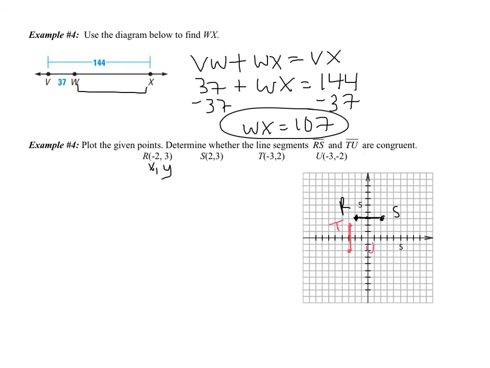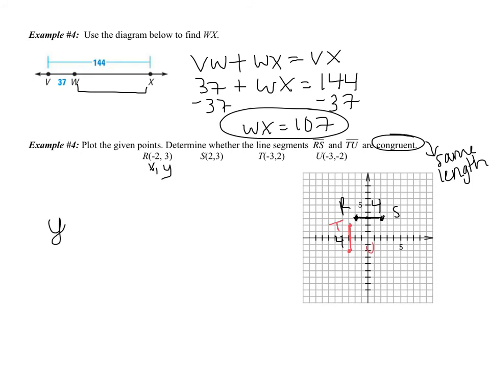Okay, so now it says determine whether they are congruent. Remember that congruent just means that they have the same length. So do these two segments have the same length? Well, because they're horizontal and vertical, I can just count the boxes. From R to S, there are 4 boxes, so RS is 4 units long. From T to U, there are also 4 boxes. That is 4 units long.